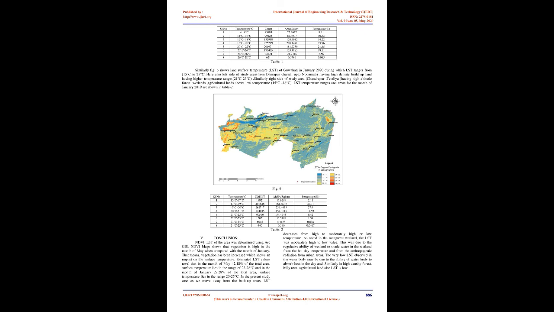Figure 5 shows the spatial distribution of surface temperature of Landsat 8 for the month of May 2018. The LST ranged from 12 degrees Celsius to 28 degrees Celsius over the study area.